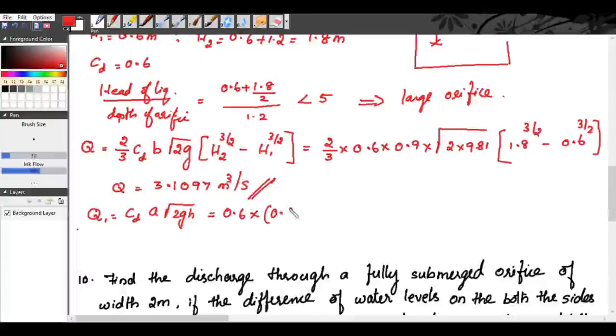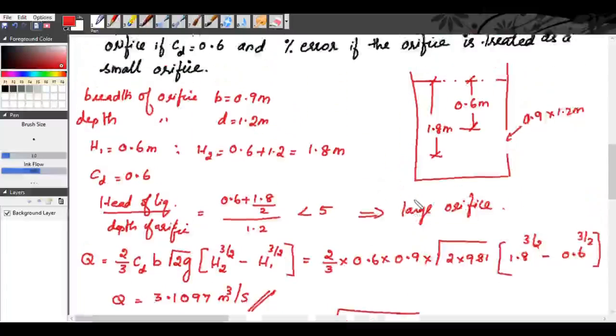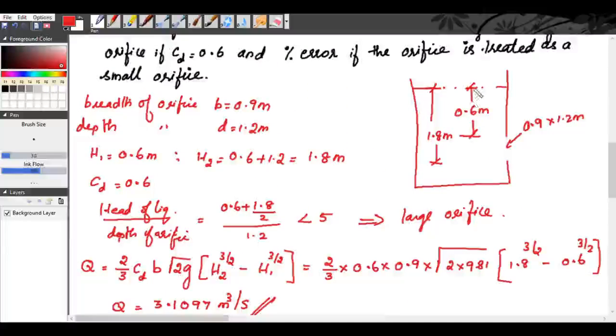So 0.9 multiplied by 1.2 into square root of 2 into 9.81 into H. The head will be taken from the center of the orifice, so H is equal to 0.6 plus 1.2 divided by 2.